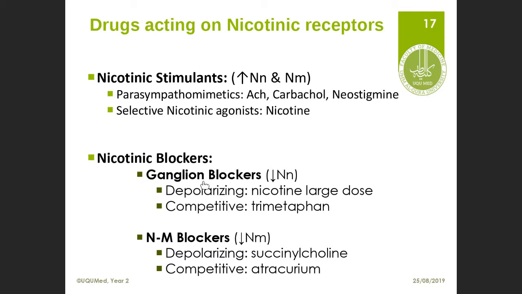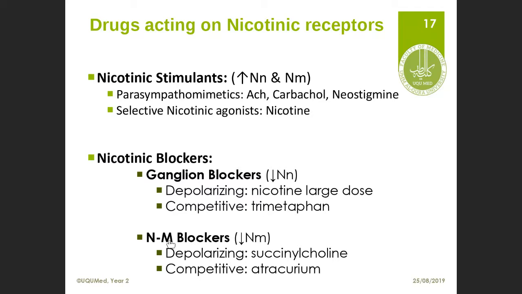Nicotinic blockers, like nicotine in large doses, actually block the conduction of the action potential from the central nervous system. They block the active phase, depolarization. And some are competitive, meaning they compete with nicotine, that either nicotine will bind to the receptor, or this drug, trimethaphan, will bind to the receptor. It is competitive, and whichever one increases in dose will ultimately produce the pharmacological effect.